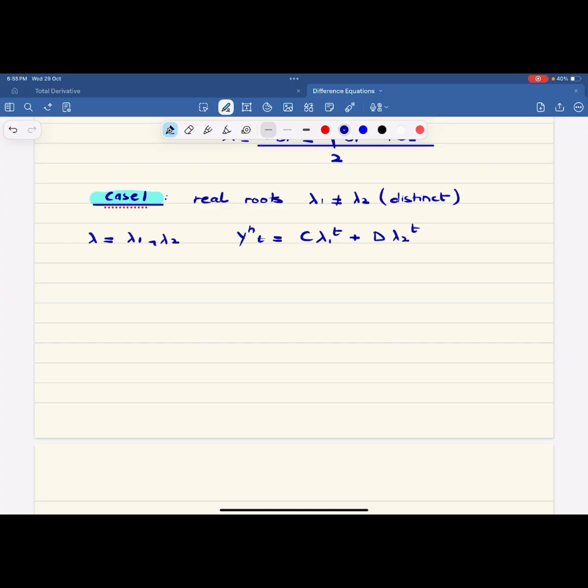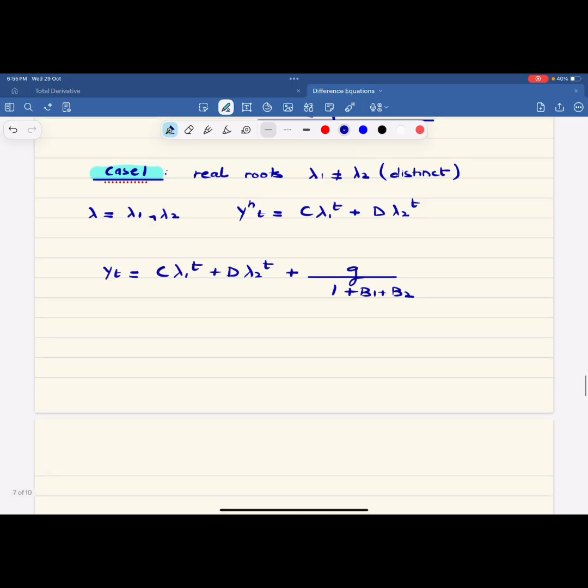And therefore, the general solution in such a scenario will become the homogeneous solution, which we can write like this, plus the particular solution. So this is going to be the general solution with C and D being two unknown constants.